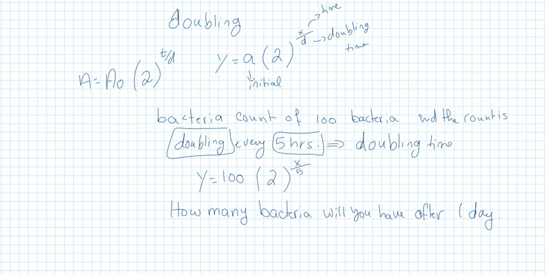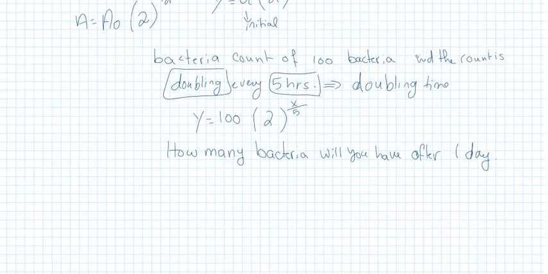So that means I have to replace X with 24. Sorry. Because in 1 day, there are 24 hours, and my units have to match. If the 5 is in hours, then X has to be in hours. Does that make sense to you?